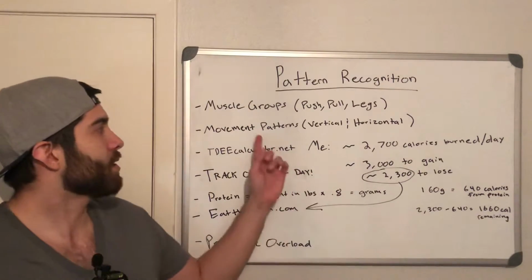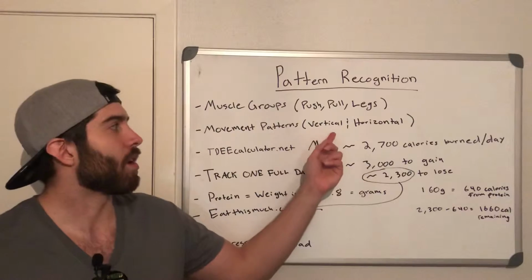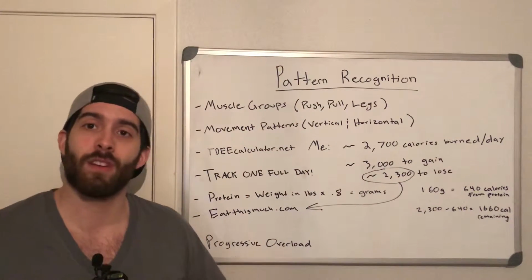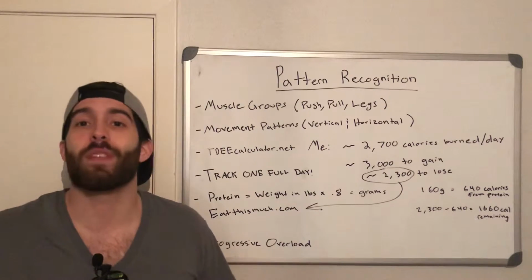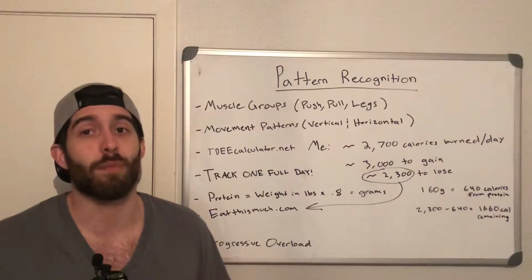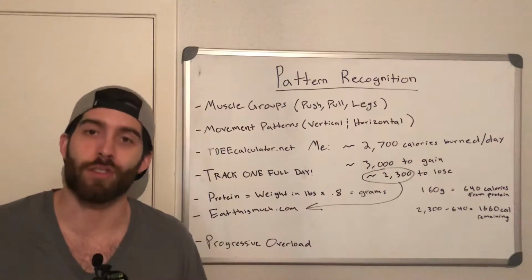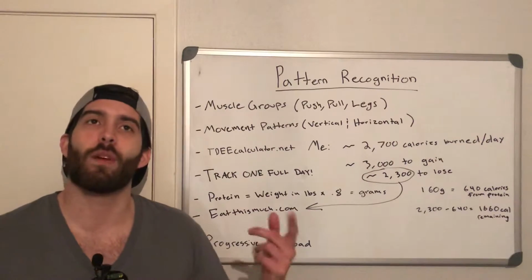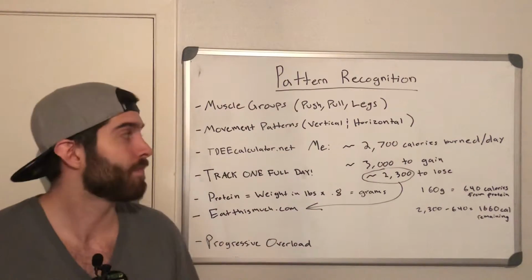So in addition, we want to think about things in terms of, is this a vertical motion or a horizontal motion? And this, again, is just to help keep things balanced, because instead of thinking about all the hundreds of muscles you have on your body, you can just think of a few patterns and pull the exercises from those patterns and program as such.